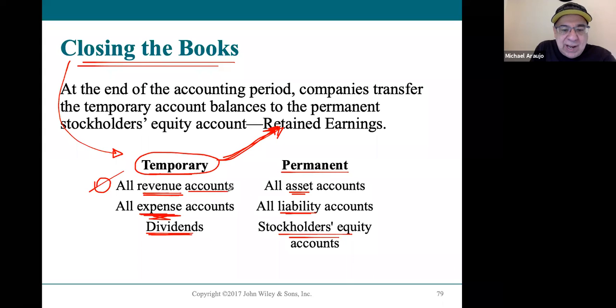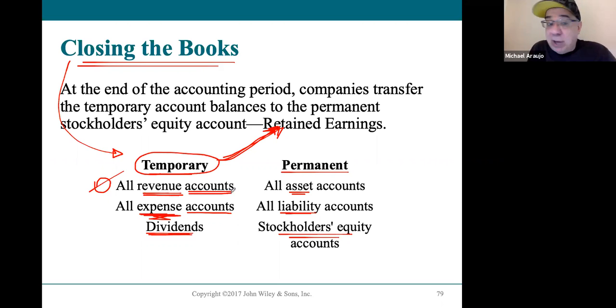Now, again, the word accounts is listed here. There are many different accounts. So far in our company, we only know about the service revenue account. But there are a lot of other revenue accounts, sales revenue and ticket revenue and all types of stuff. Literally, if you are working for those companies at the end of the year, every single revenue account must be brought to zero.